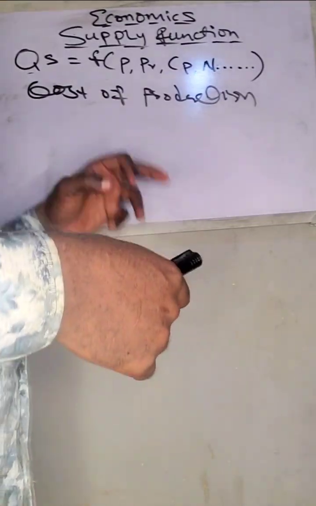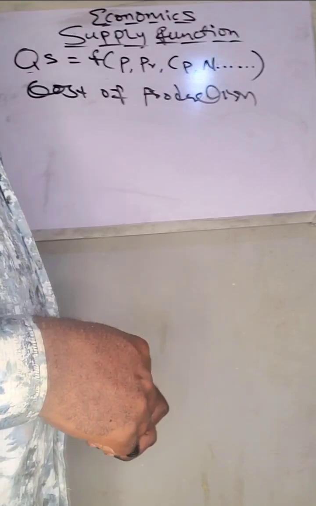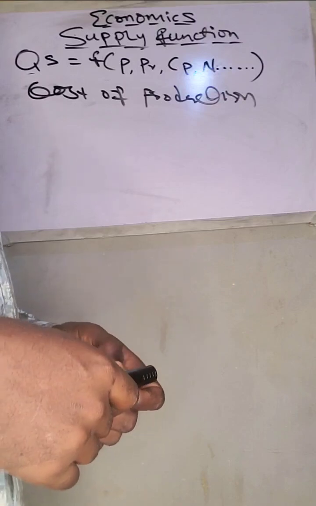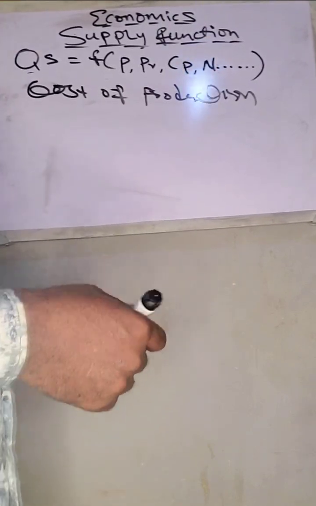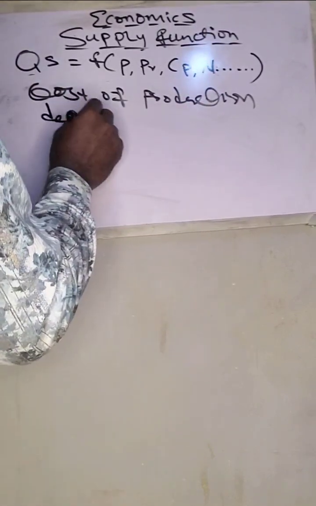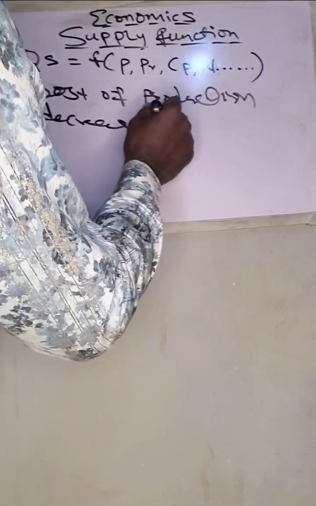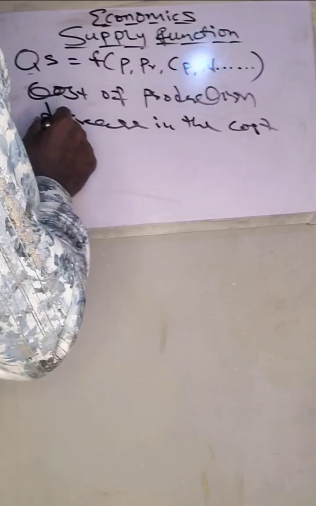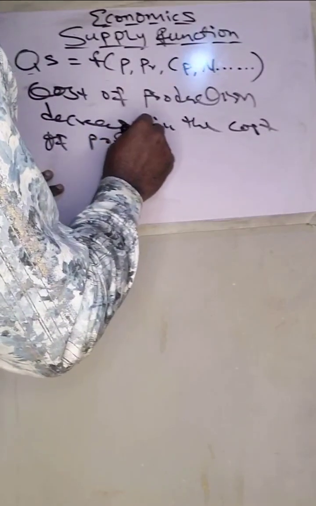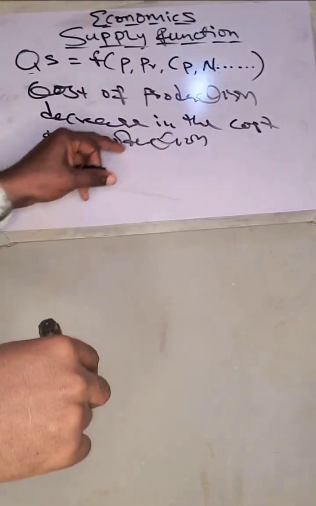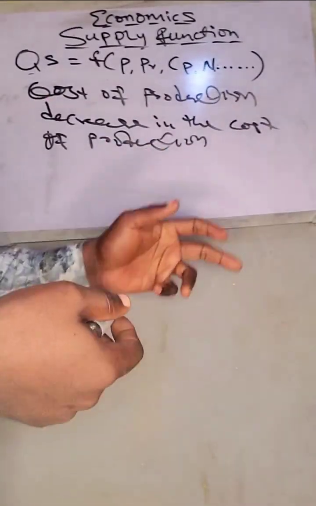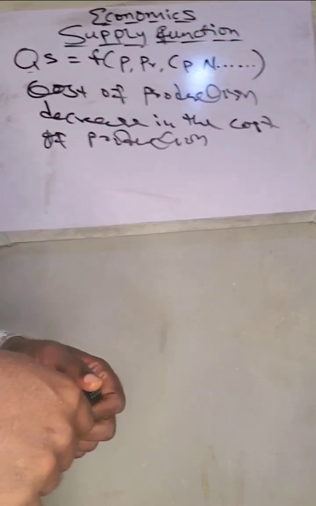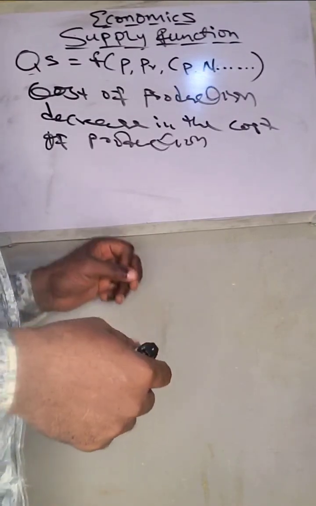But when there is a decrease in the cost of production, a producer or a manufacturer is likely to supply more because of the decrease in the cost of production, in order to maximize profit, a profit motive.